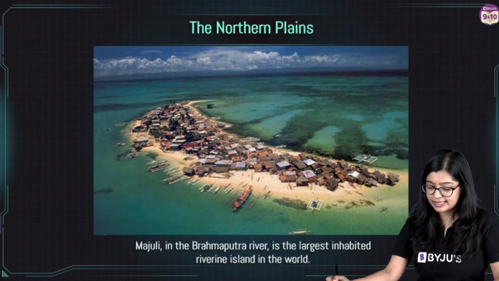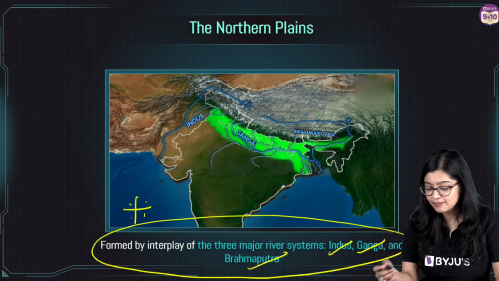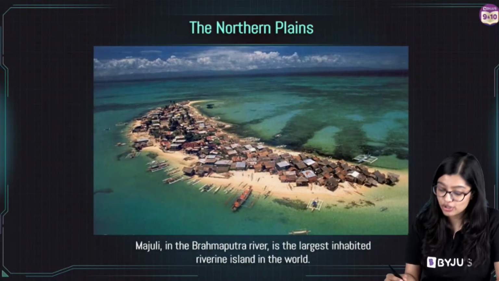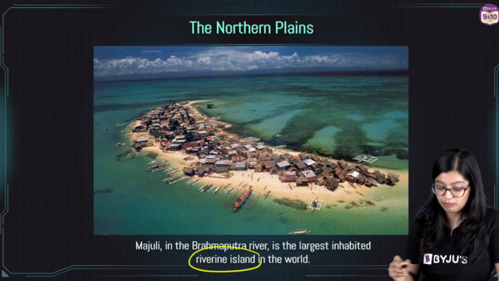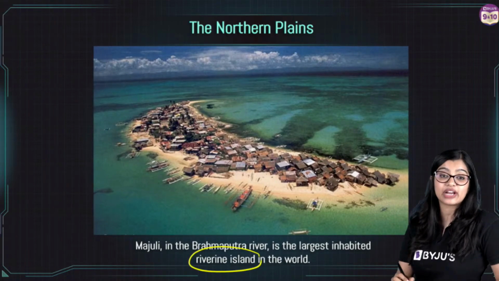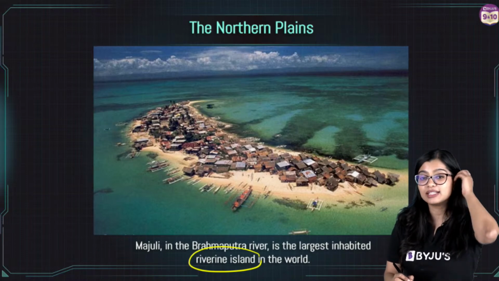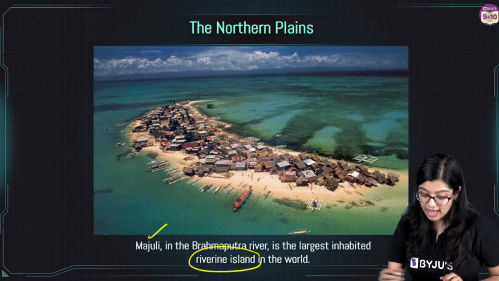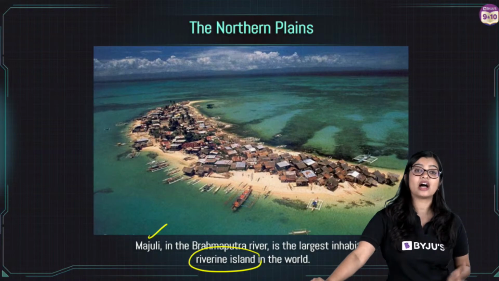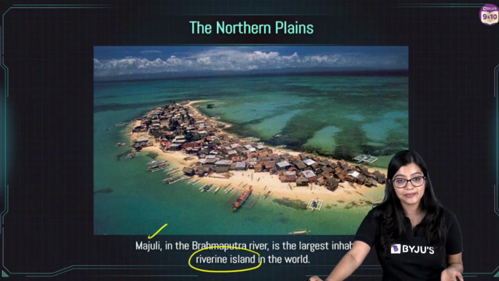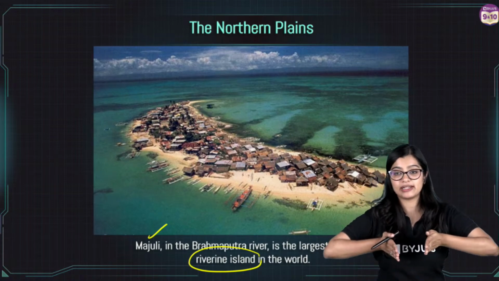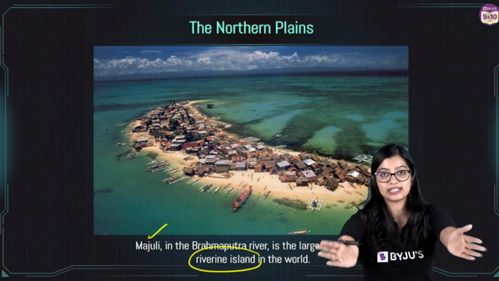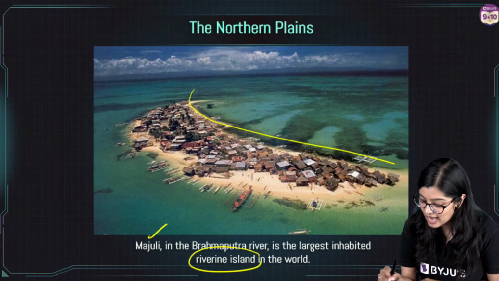Now, of course, in some cases there is also formation of riverine islands, right? So we also see that in the Brahmaputra river, we have riverine islands. How many of you read this point on riverine island where we have Majuli, which is one of the largest riverine islands, right? So we know that normally riverine islands are formed when rivers run parallel and split across, and there's some piece of land left.